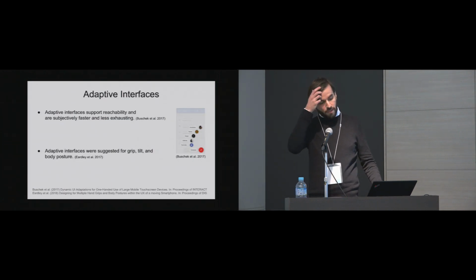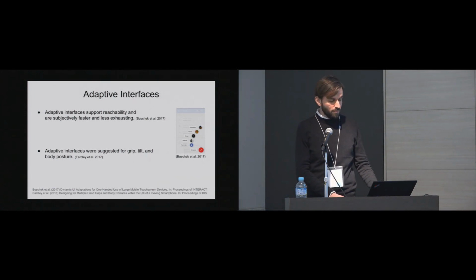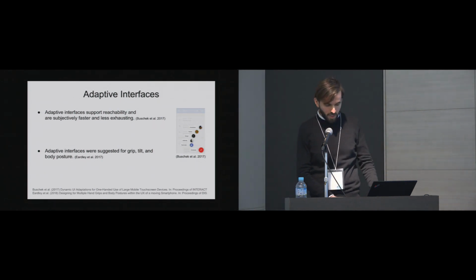Previous work by Buschek and colleagues created adaptive interfaces which showed that they support reachability, for example, by placing UI elements near the thumb, like in the figure. However, these interfaces did not adjust automatically, but needed to be triggered by the user by tilting or using the gyroscope.